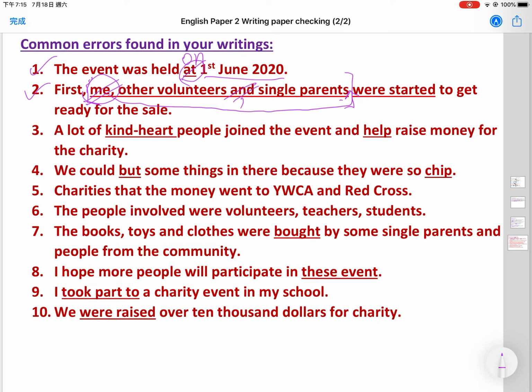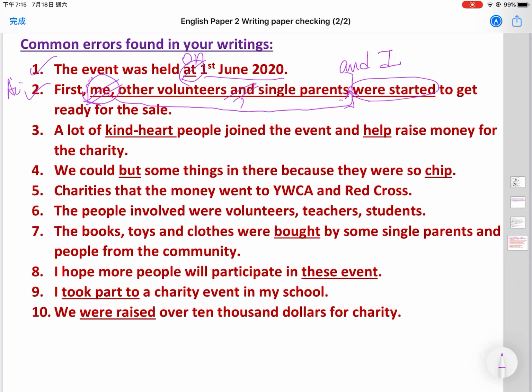I should say something like that. Other volunteers, single parents, and I were started. It's a passive voice verb, okay? But do we need to use passive voice here? In an active sentence, because you are saying that people are doing something, okay, are getting ready for something.